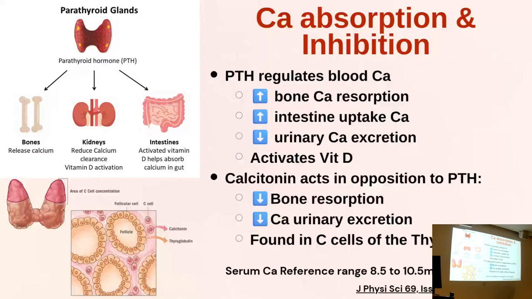It tells your body to turn that vitamin D, which is stored in your liver, into active vitamin D in your kidney. So that's what's happening there. It also tells our kidneys to reduce the excretion of calcium at the same time. So it's saying stop excreting it.